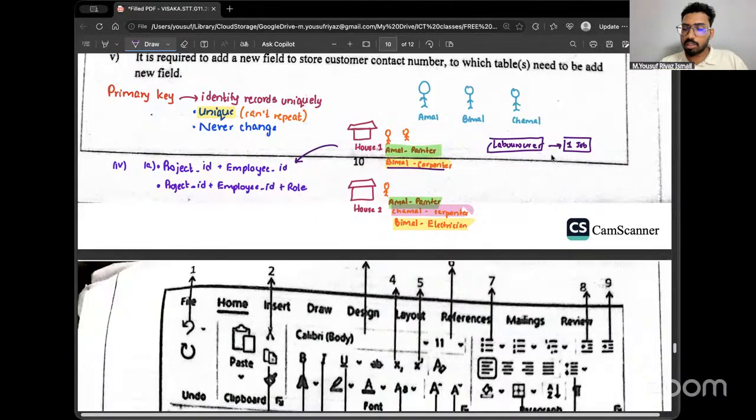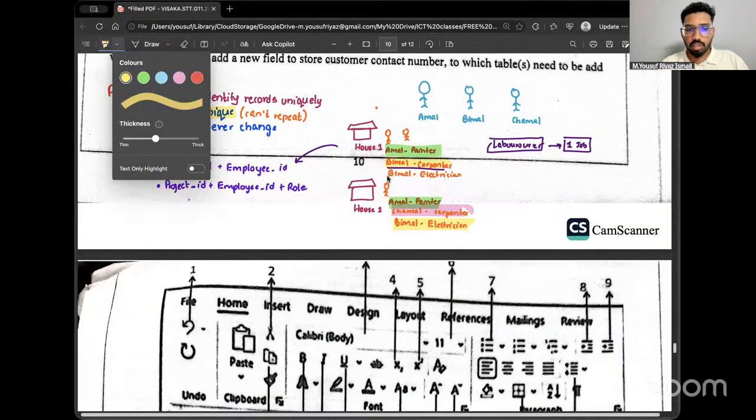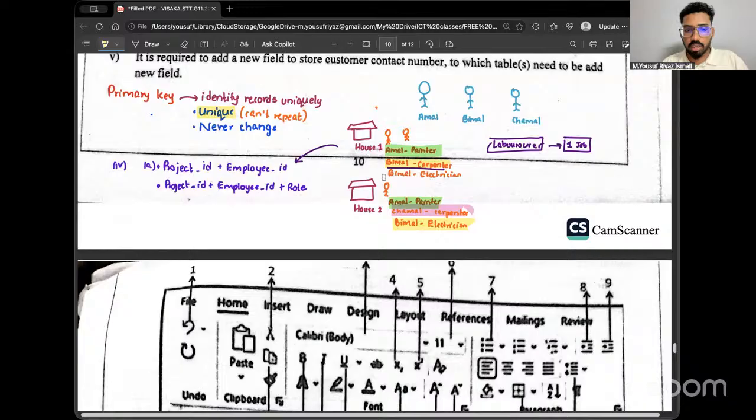But let's say one person is going to do multiple works. For example, Bimal, in house one, apart from doing carpentry work, is going to do the electrical work as well. In that case, you can't take just the employee and the house he's working on.